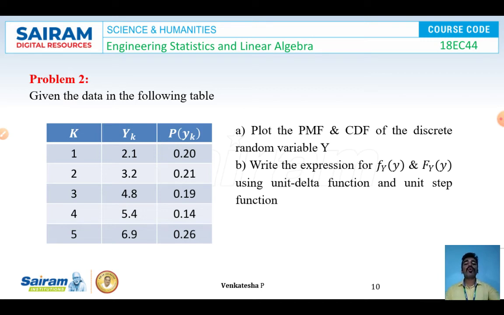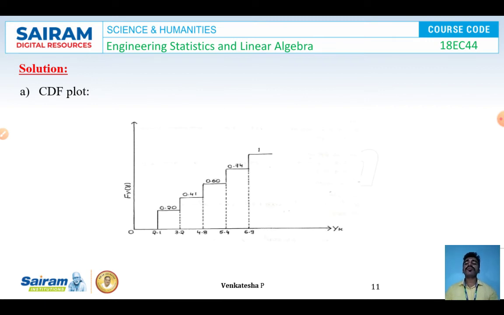So now I am going to plot the PMF and CDF plots. I am taking the value of y_k in this plane and CDF in this plane. At 2.1, I am keeping 0.20 as it is. At 3.2, I am adding the previous one and present one, I got 0.41, I am plotting here.